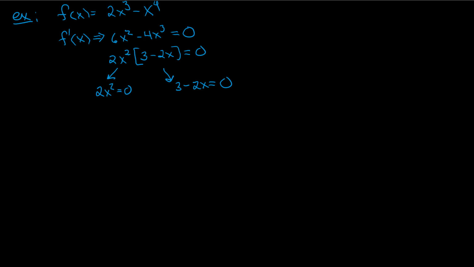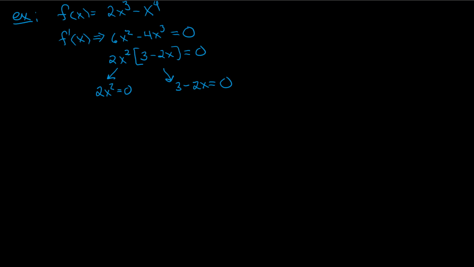If you have two factors being multiplied together and the product is 0, one or both of those factors has to be 0, because the only way you can get a product of 0 is if one of the numbers being multiplied in your product is 0 itself.